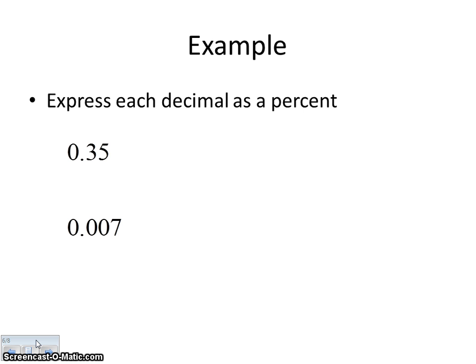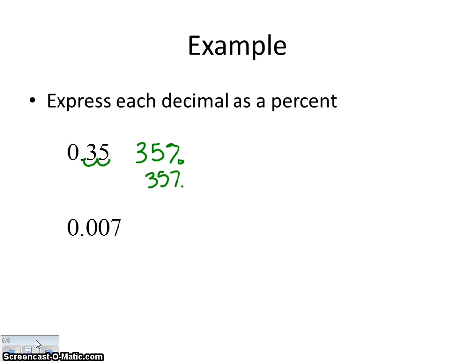So we got to multiply that by 100. So in your calculator, 0.35 times 100, and you get 35. And it told you to add the percent sign, so we add the percent sign. Well, check out this cool shortcut. So the decimal is now here, and I want to make it a percent, so I move the decimal 2 places to the right, and there you go. That's 35%. Both ways work.